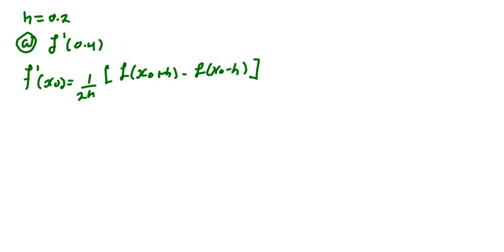Okay, so what are we going to do here? We know what our value of h is, so we are going to do some substitutions, so that would be 1 over 2 times our h, which is 0.2, like this. Then for this part here, f of x naught plus h, our x naught is this one that you are trying to approximate. That's always the case. So here this is just going to be x naught plus h, which is going to be 0.6.